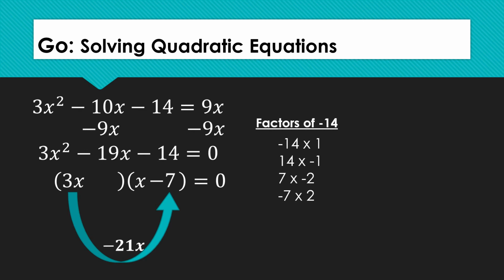When we place the positive 2 in the first factor and multiply that by the x, we get positive 2x. We know that the sum of those two products must equal the second term in our quadratic, the negative 19x, which it does. Negative 21x plus 2x gives us negative 19x.